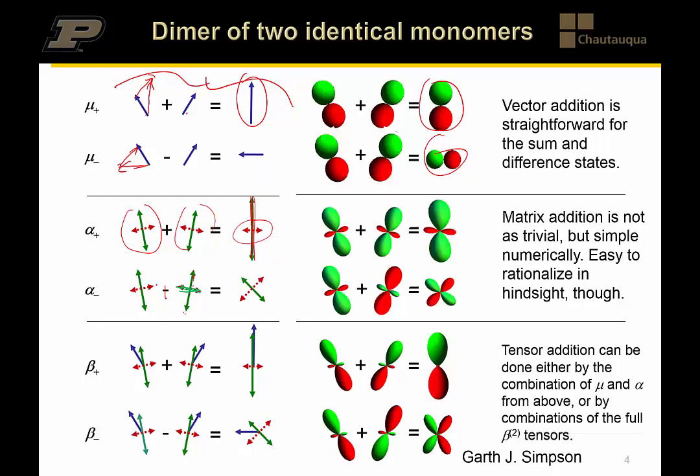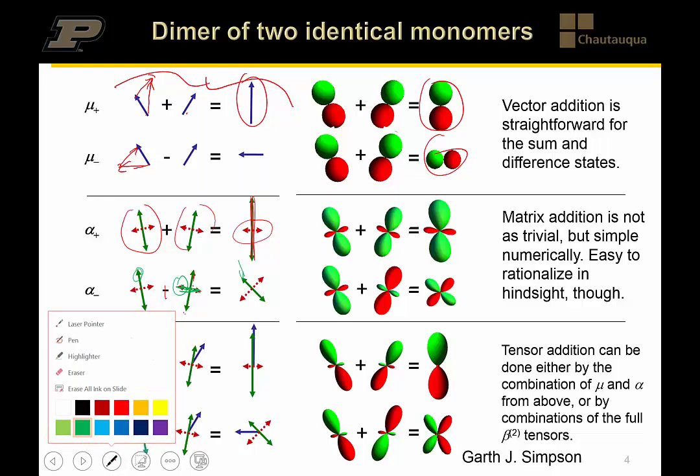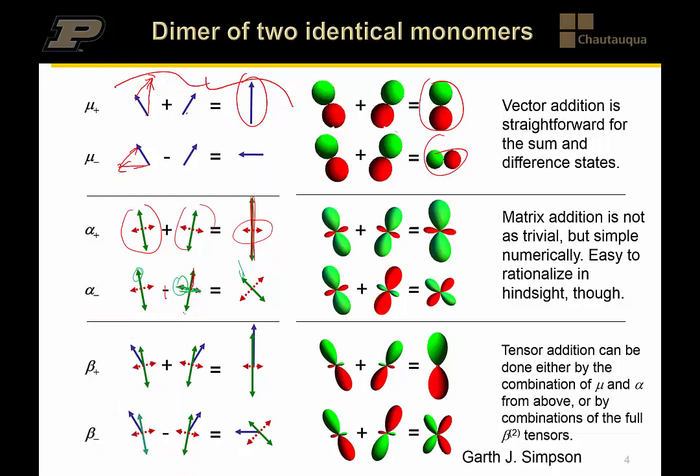The one place where they won't cancel is I'll have a little bit of green here added to a little bit of green there, and that gives us this double-sided arrow at negative 45 degrees. I'll have a similar argument, in fact a mirror image, operating on the other side, where we've got red now for the double-sided arrow adding to the red on this right side, and that gives us the red component at plus 45 degrees. And so that's the Stat representation for the difference state.